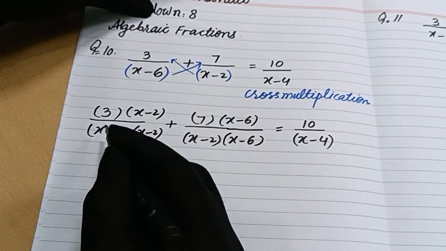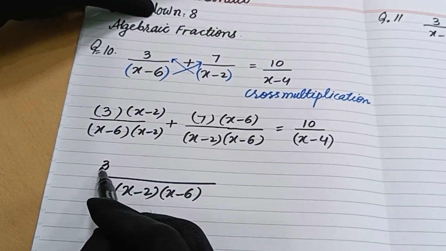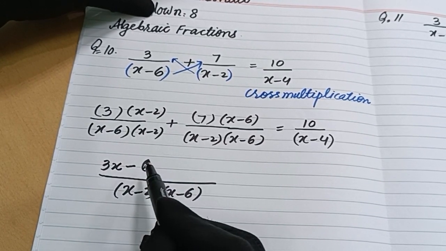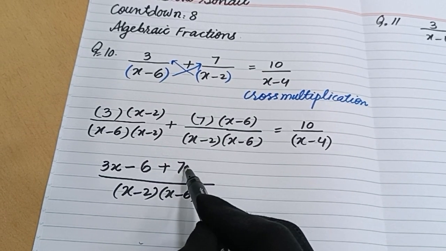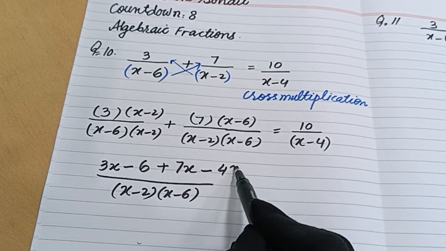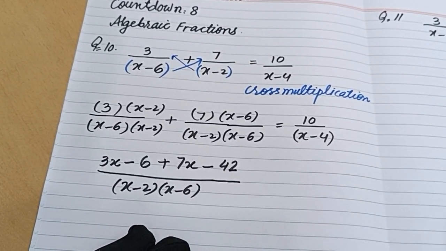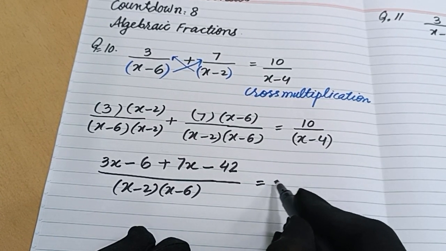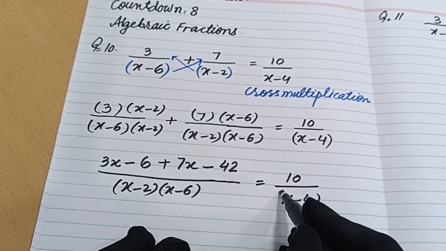So simplification means 3 is multiplying with this, so 3 times x, 3x, minus 3 times 2, 6, plus 7 times x, 7x, minus 7 times 6, 42. It's okay. Next is equals 10 over x minus 4.